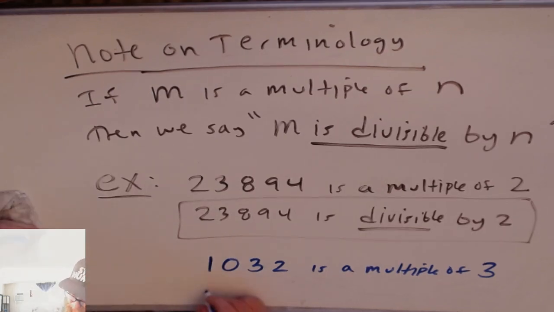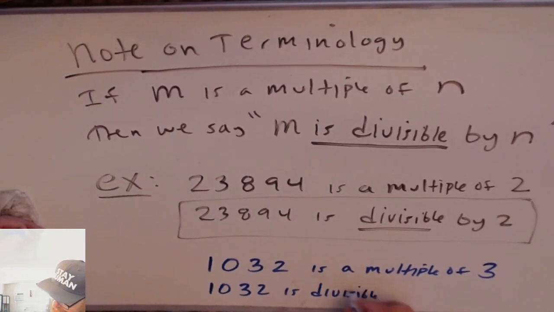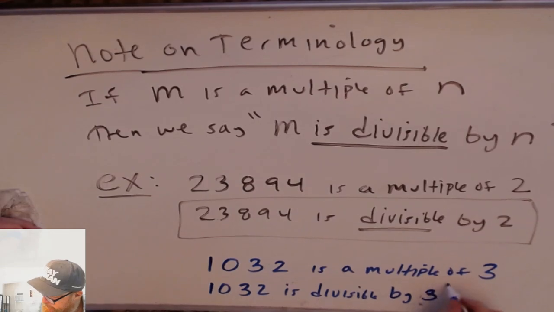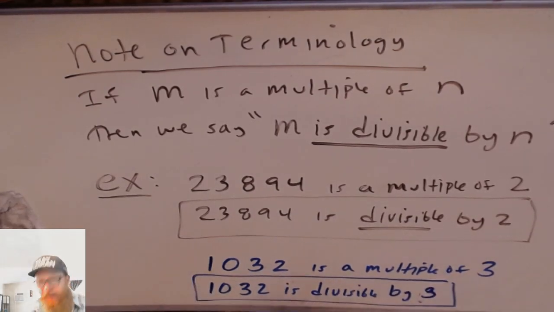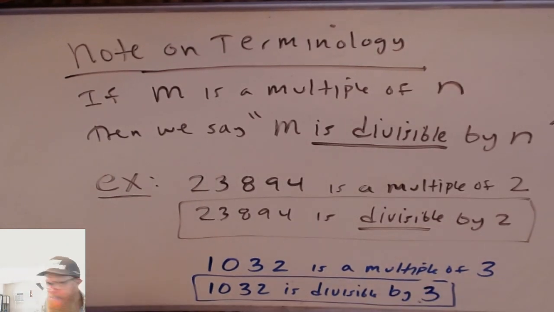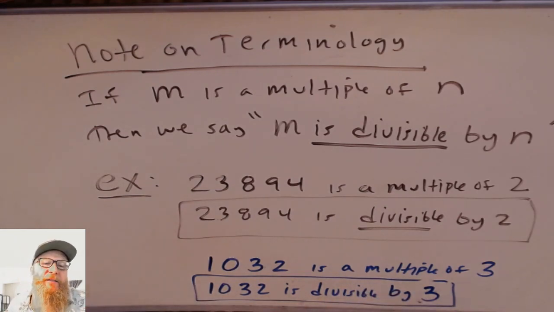So that means that 1032 is divisible by 3. So I often use those words interchangeably. Sometimes I will say it's a multiple of this, and other times I'll say it's divisible by this. It really means the same thing.